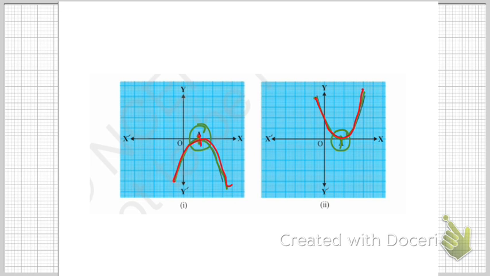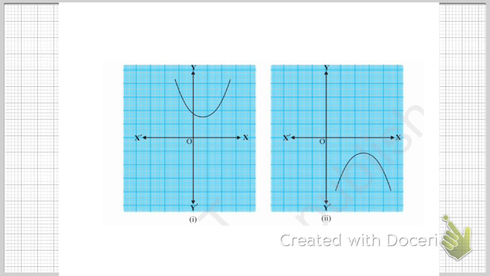But here, since this is touching the x-axis at only one point, we can say that both the zeros are coinciding at one particular point in this graph, because we know that in a quadratic polynomial we have 2 zeros, but here it is touching the x-axis at only one point, so both the zeros are coinciding at one particular point only.